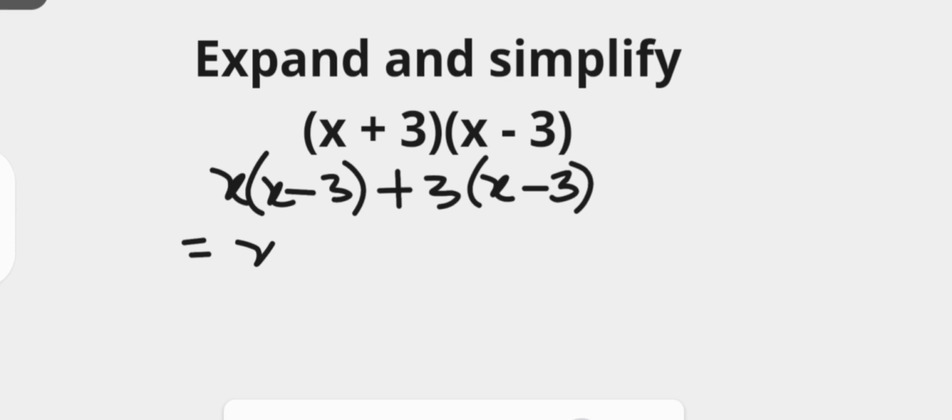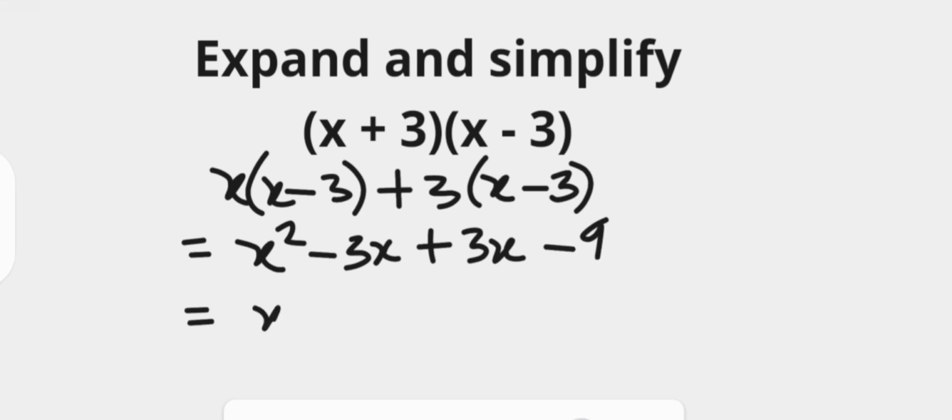And this is going to give us x squared minus 3x plus 3x and minus 9, which eventually gives x squared. The middle term once again becomes 0. So we have minus 9. Minus 9 is the same as plus 3 times minus 3. That is, 9 is the square of 3.